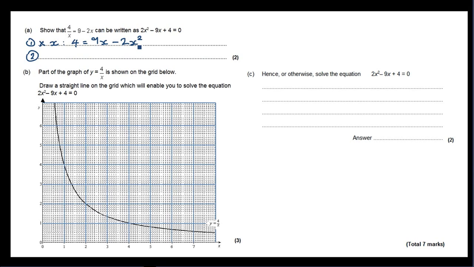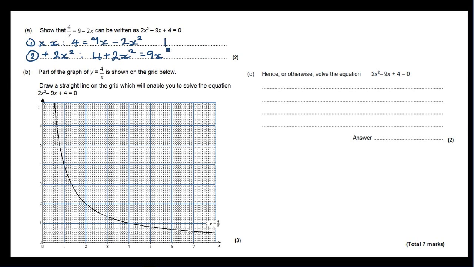Adding 2x squared to the right hand side is going to eliminate that minus 2x squared. So the next step is going to be add 2x squared. Okay, so we're going to end up on the left hand side with 4 plus 2x squared, and on the right hand side we simply have 9x.